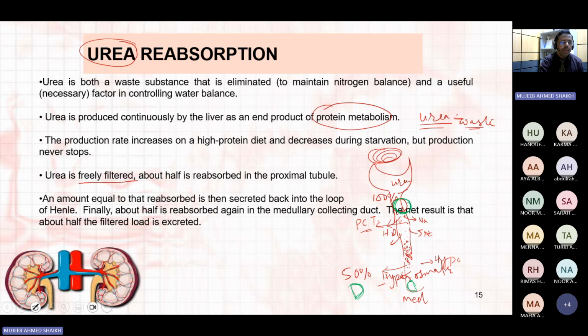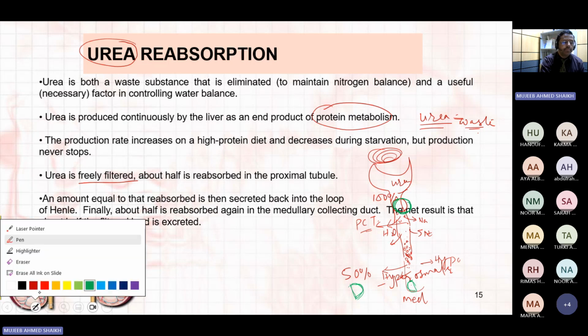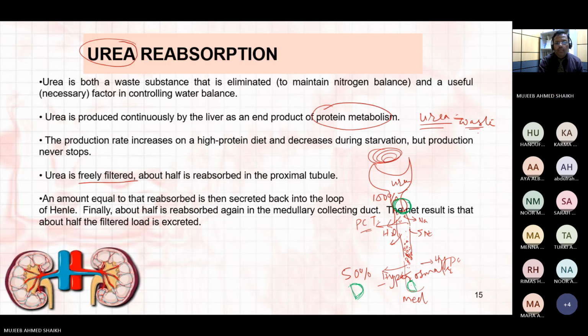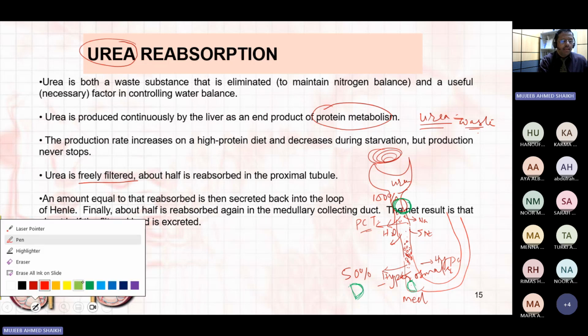Then what is happening when the fluid passes up? From here it goes up. Now urea is more in the interstitium. What will happen? It will join again.